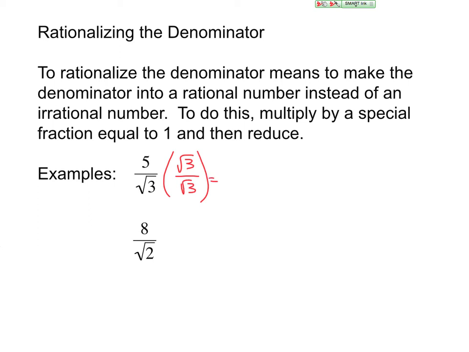Why is that the better choice? Because of what the denominator does. Okay, we get 5 times the square root of 3 over the square root of 9. Square root of 9 is plain old 3. So on the top we get 5 times the square root of 3, but on the bottom we have just 3.